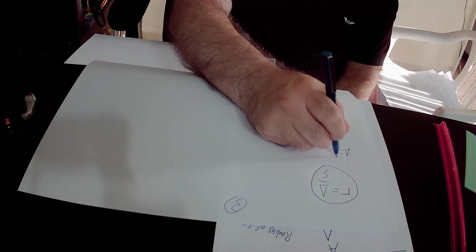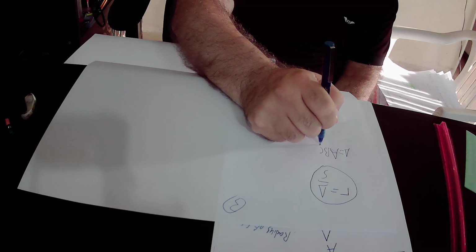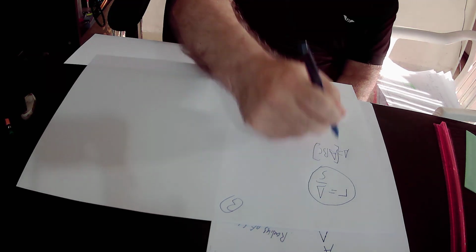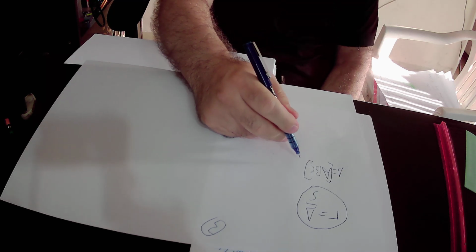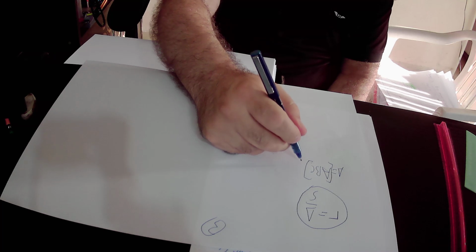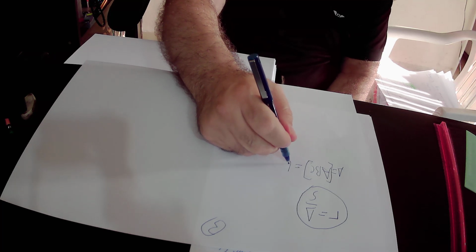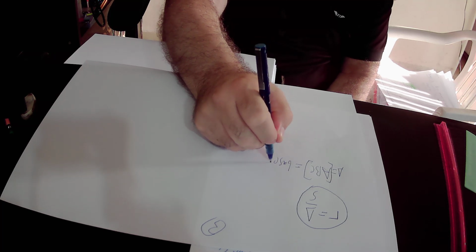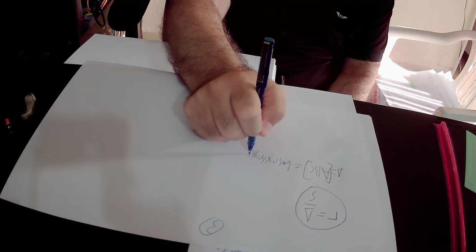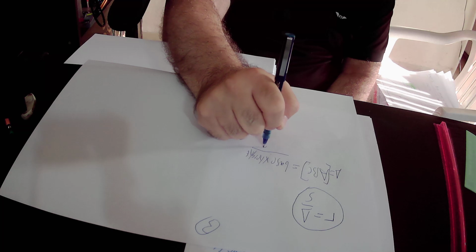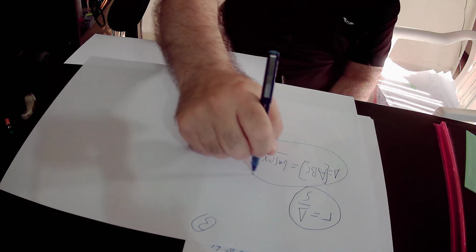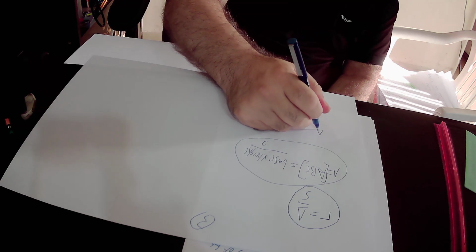So the area of triangle ABC, this is the sign of the area, the squared brackets, is equal to the base of the triangle times the height to the base over 2. This is the area of any triangle, and especially of triangle ABC.